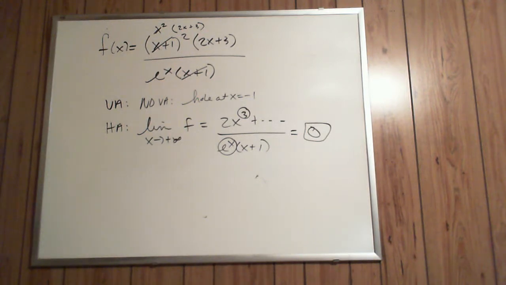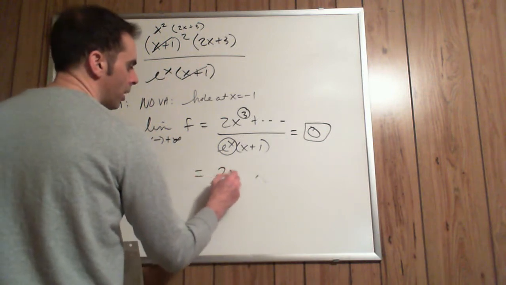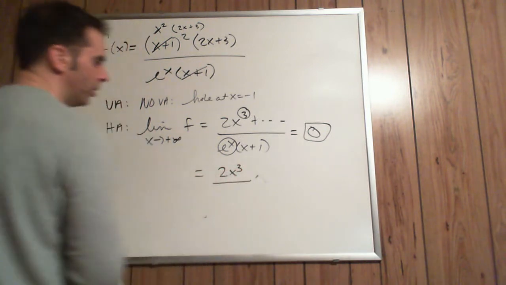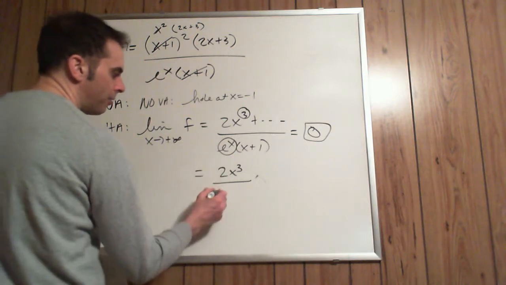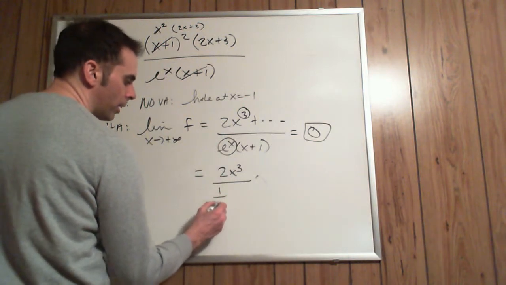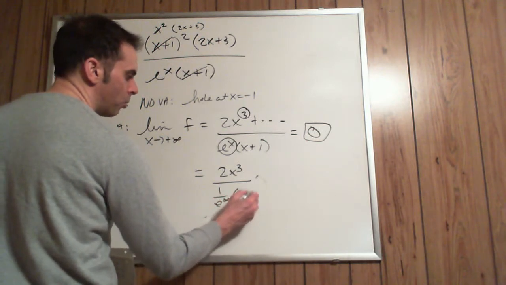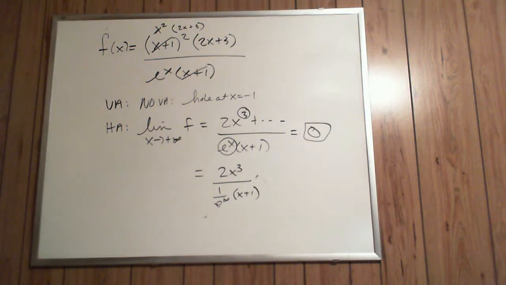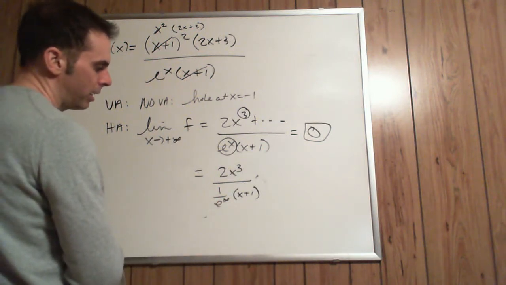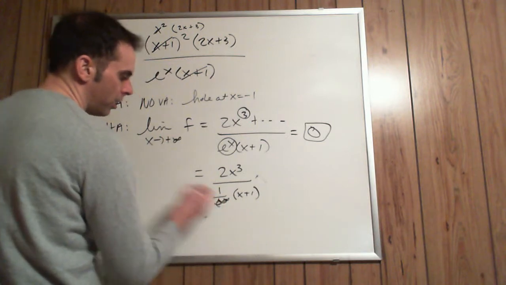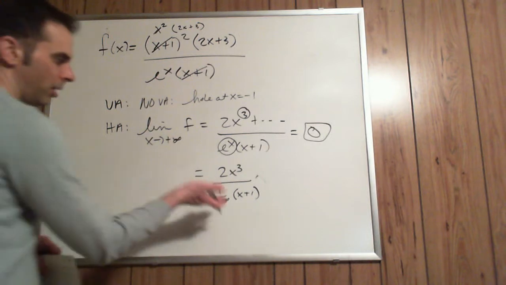Now, what about towards negative infinity? We'll have 2x cubed over, towards negative infinity, this would be 1 over e to the infinity times x plus 1. So then 1 over e to the infinity is going to leave me with infinity, which is 0 in the bottom down here.